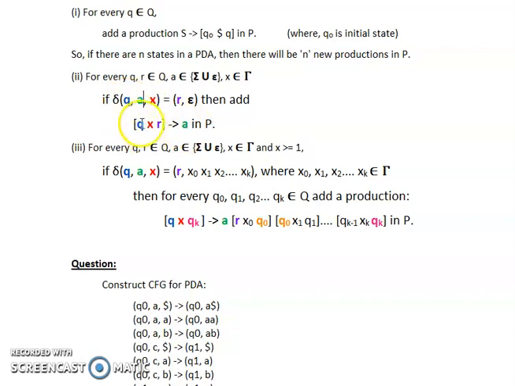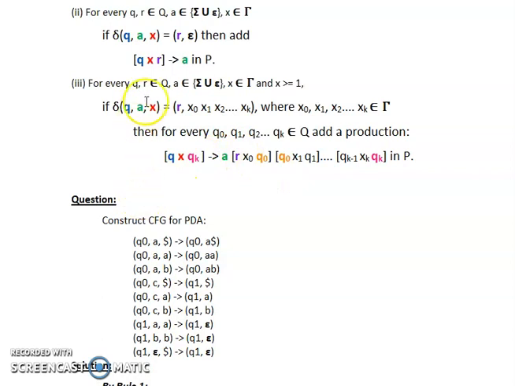So the same color means the same symbol is copied as it is. So Q will be in the starting, then the top of the stack, that is X, is in the middle, and then the next state R is put over here. Then on the right hand side we will have the input symbol A. So this is the production rule which is obtained for all the pop operations in our PDA.